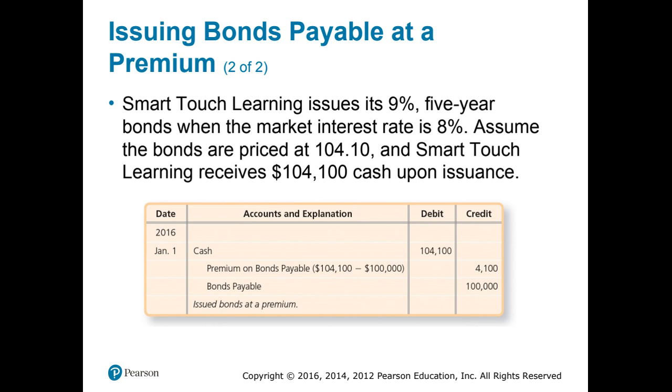So we paid this for it, but this is the bond. So this is the premium that we received on it, which is the difference between what was paid and the value of the bond. That's the premium. And we issued bonds at a premium.